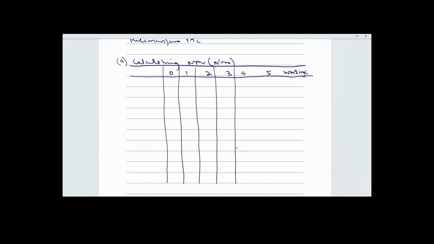Therefore, there are 5 years. There are workings.